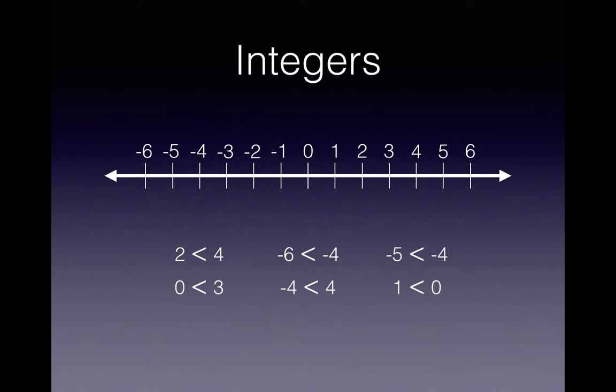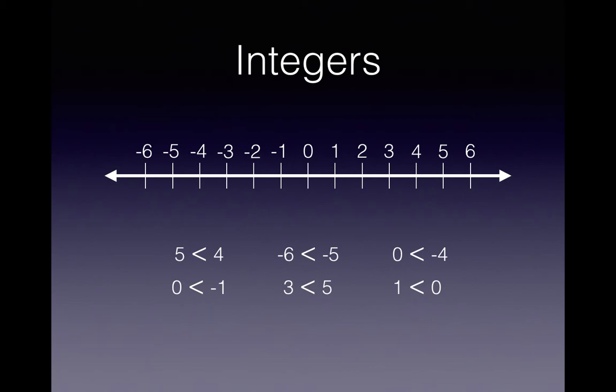All right, now it's time for you to do 6 questions. I'll put these on the screen, and the goal here is to see, are these statements correct? Okay, the first one is 5 is less than 4. That's a false statement. The next one is -6 is less than -5.